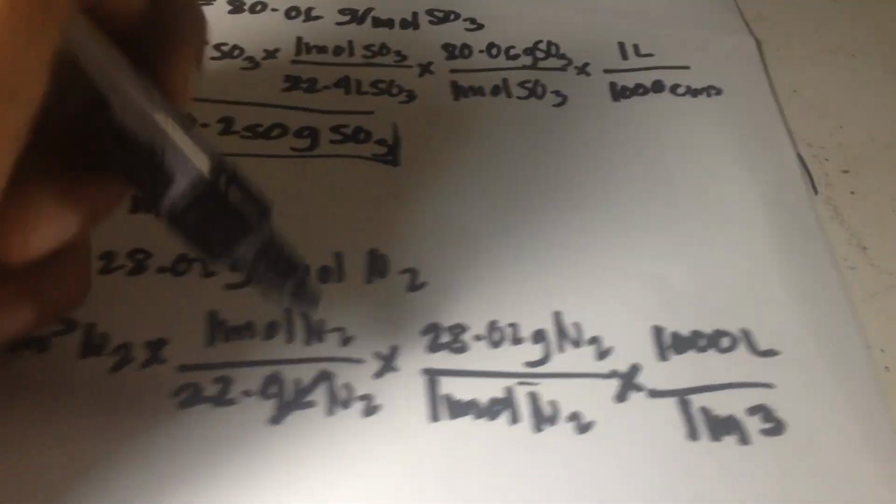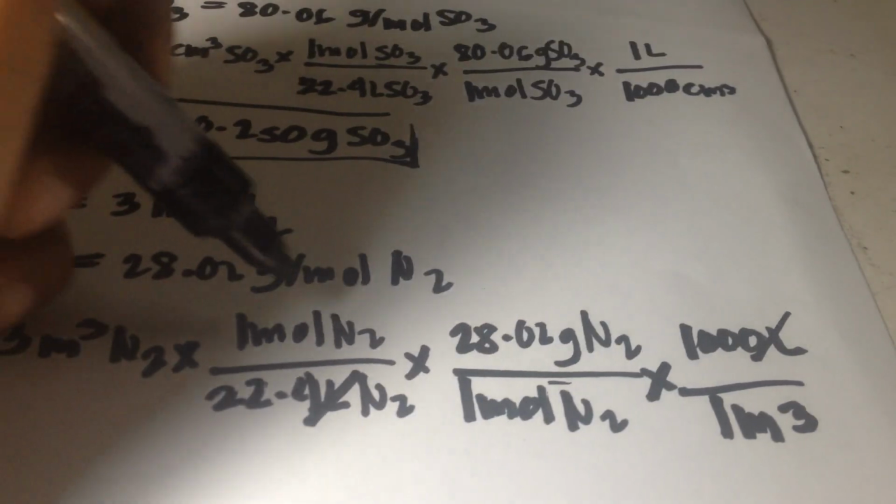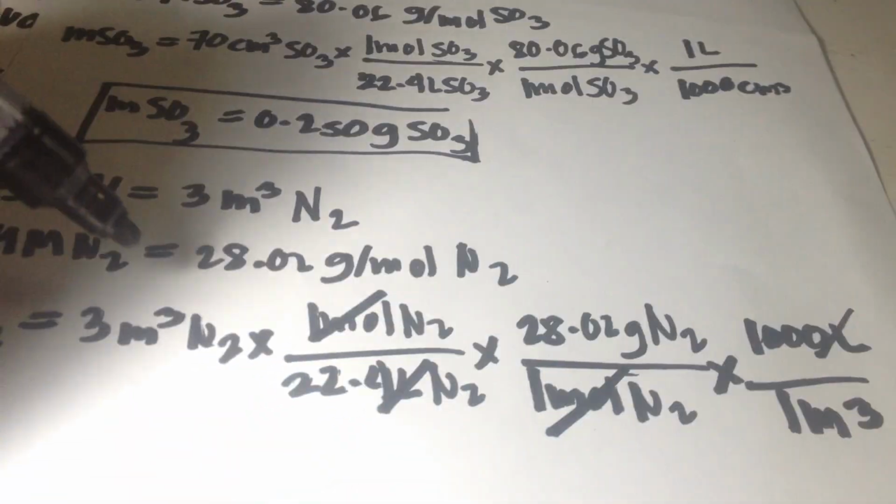In 1 cubic meter we have 1000 liters. So cancel out liters, cancel out moles, cancel out cubic meters.